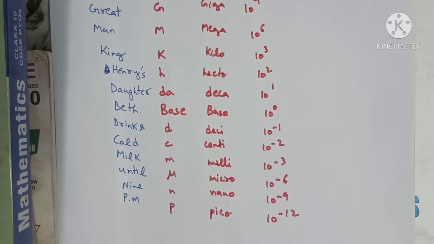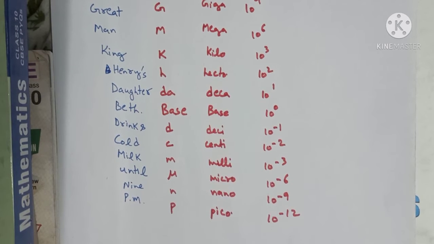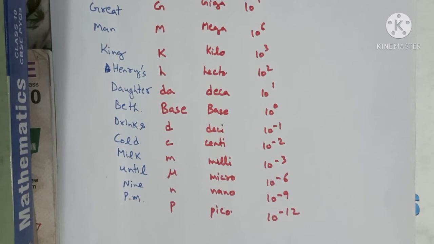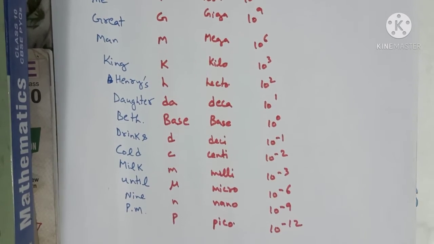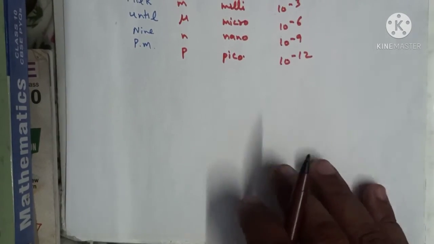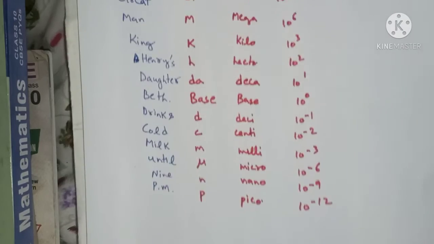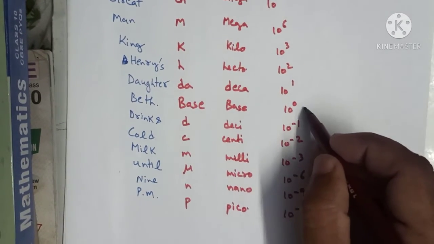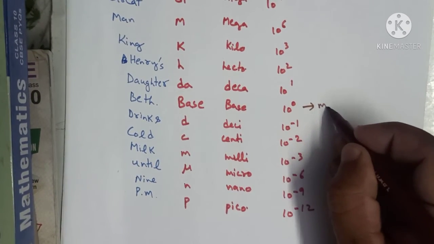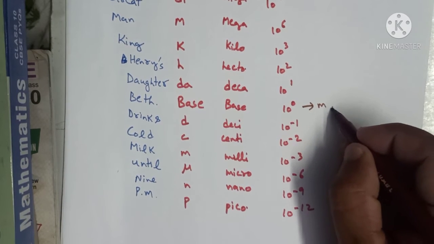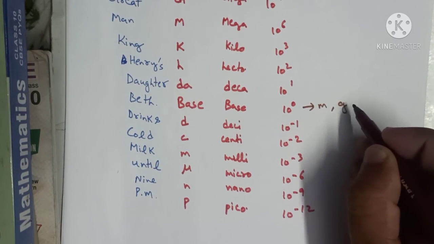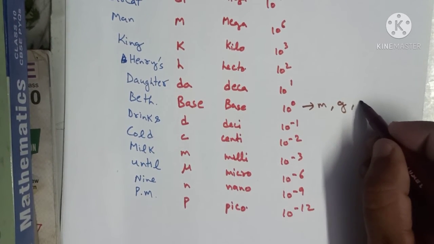Now how does this conversion work? If you get the prefix with any of the base values, what will the base values be? Base values can be meter, gram, or second.